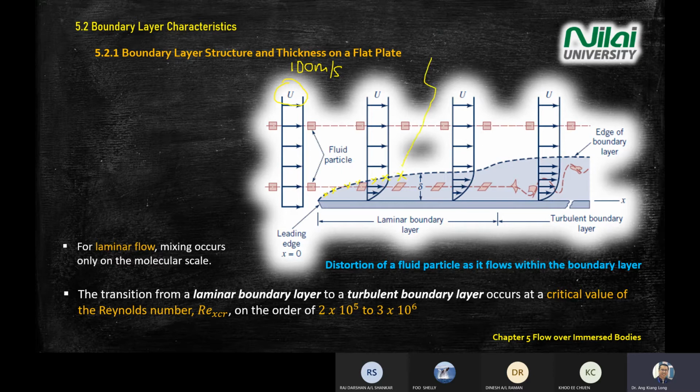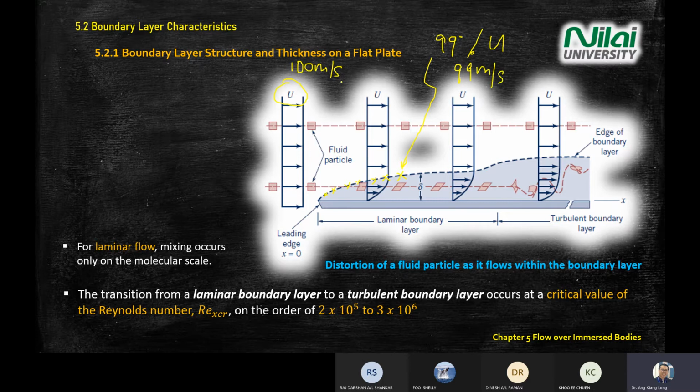What is meant by all this dot here? It means that it is 99% of your U, meaning this line here has a velocity of 99 meter per second.